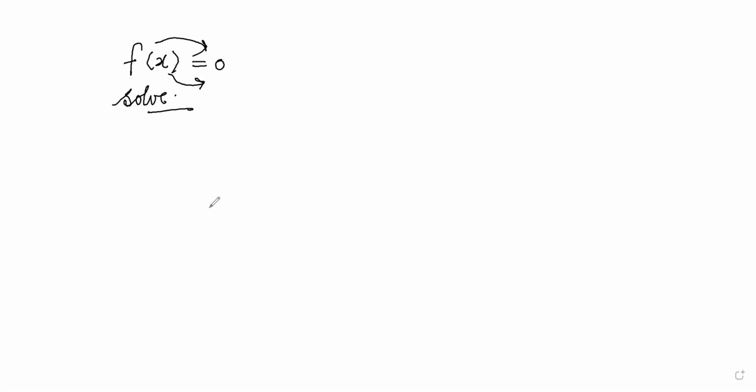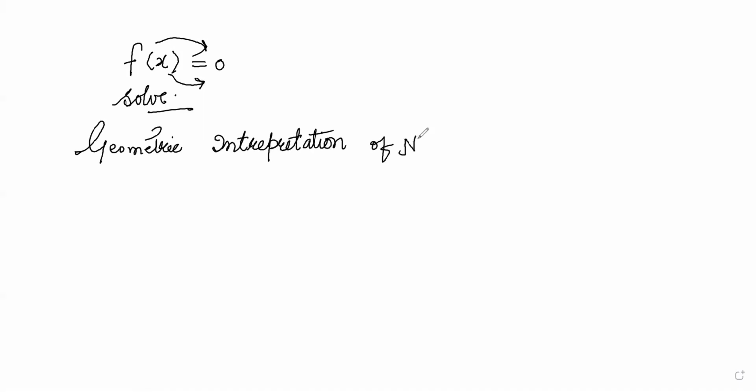I will repeat the geometric interpretation of the Newton-Raphson method. First of all we plot the graph, call this our x-axis, and this is the value of the function f of x.